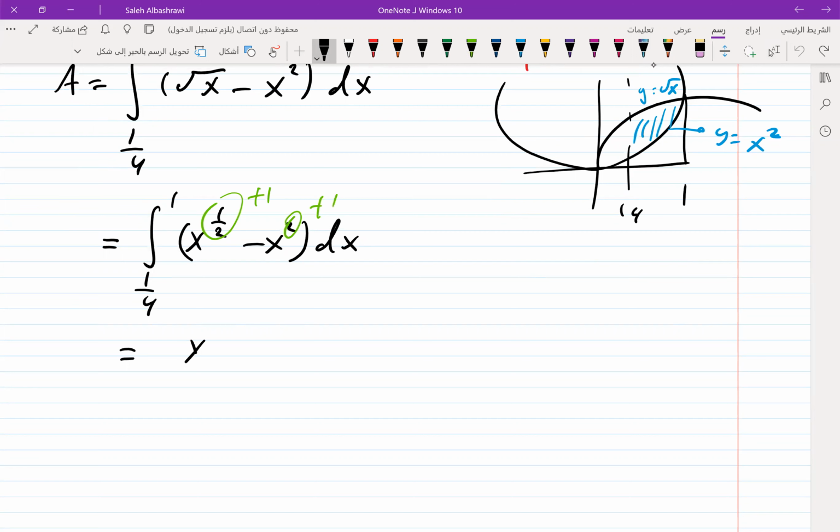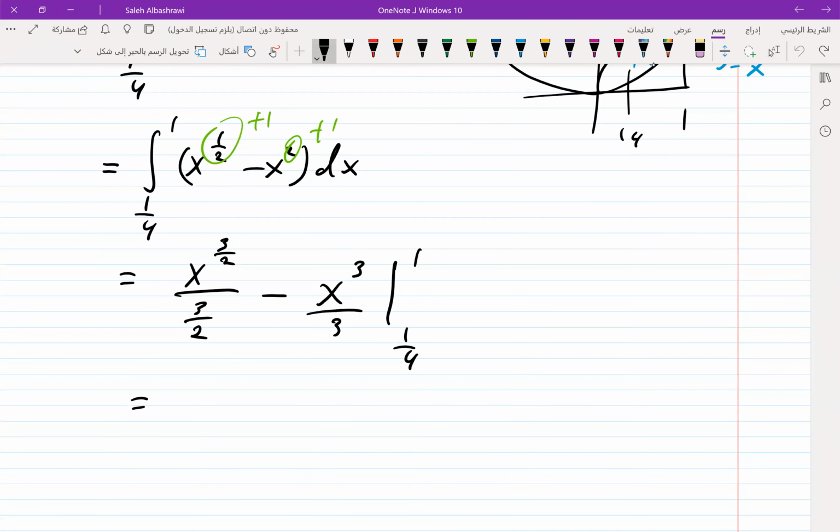So I'll have x to the power 1/2 plus 1 is 3 over 2, so divided by 3 over 2, minus x to the power 3 divided by 3, between 1 over 4 and 1. This can be written as 2 over 3 multiplied by x to the power 3 over 2 minus 1/3 x to the power 3, between 1 over 4 and 1.